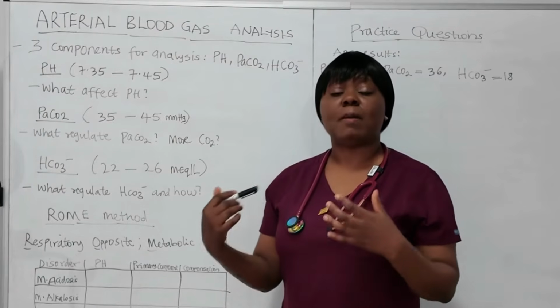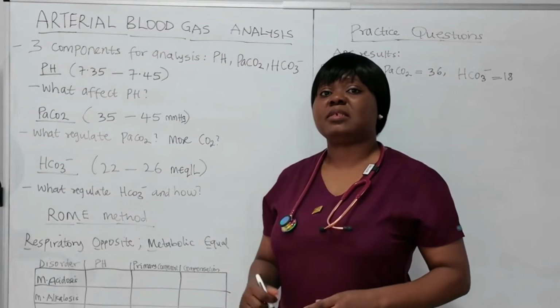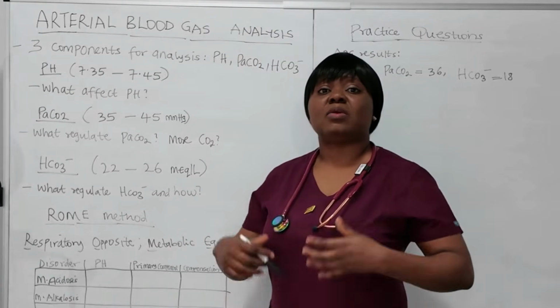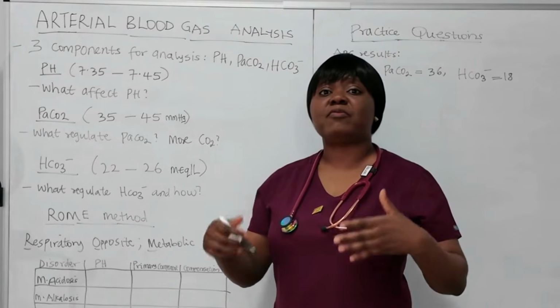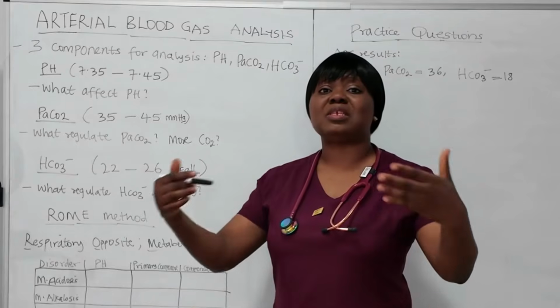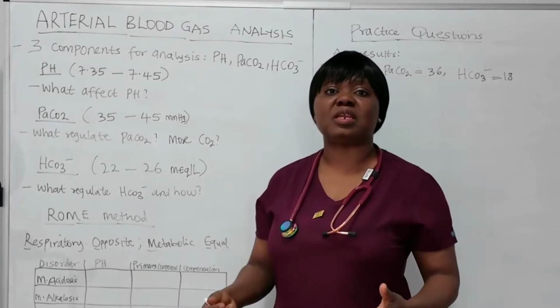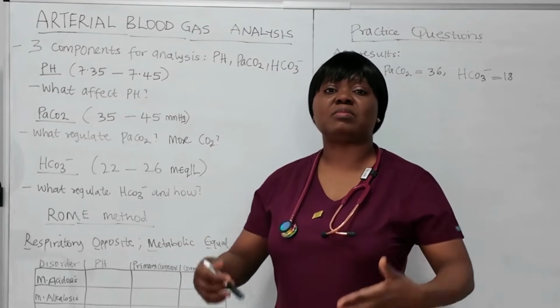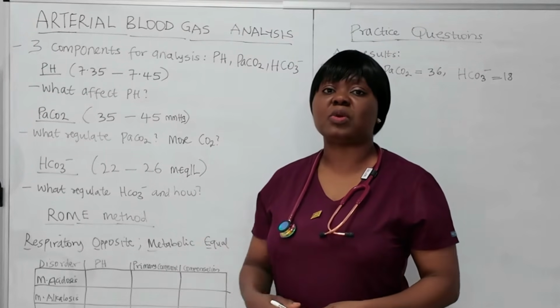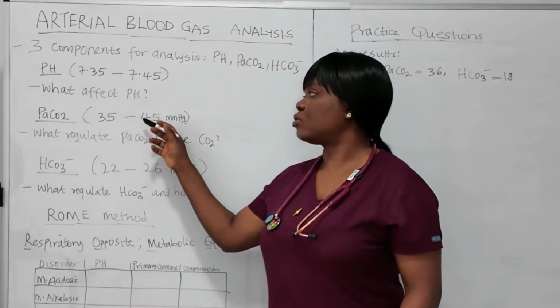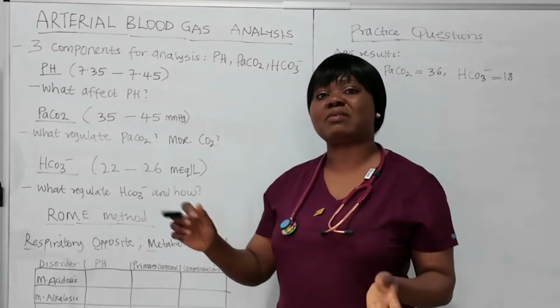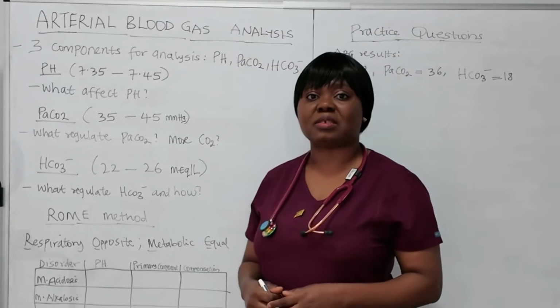Because more CO₂, more acids, right? And this can be caused by when a patient hypoventilates. So when the lung tries to retain CO₂ in conditions like COPD, they are called CO₂ retainers. So when they retain CO₂, the lung is not blowing off the CO₂. It can rise and get to more than 45. So we are looking at respiratory acidosis.